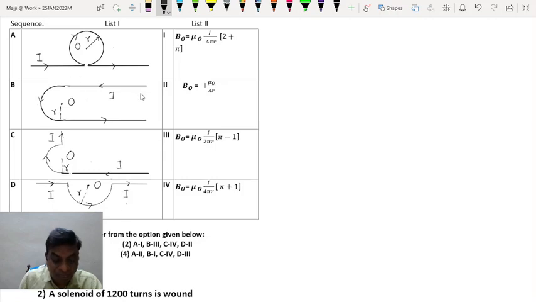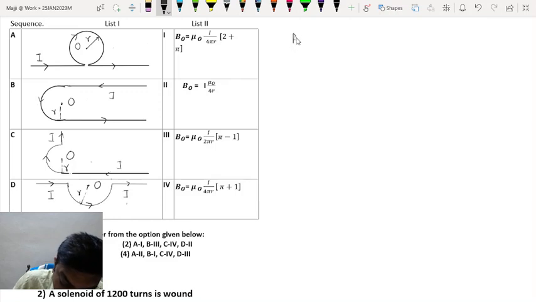So no need to solve for all four options, because not all the four options will be similar in all aspects. You have to match only for A and B, I guess. Just two will be enough.